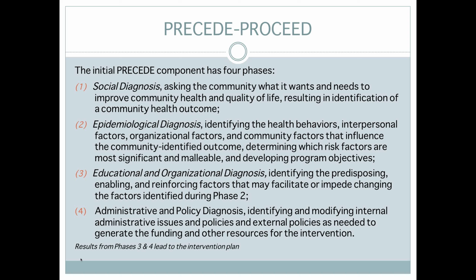These 4 phases of Precede give us a community-identified health outcome, a set of major determinants of that health outcome, a set of factors that may facilitate or get in the way of changing the major determinants of the health outcome, and the funding and other resources that are needed to mount an effort directed at improving that community health outcome.